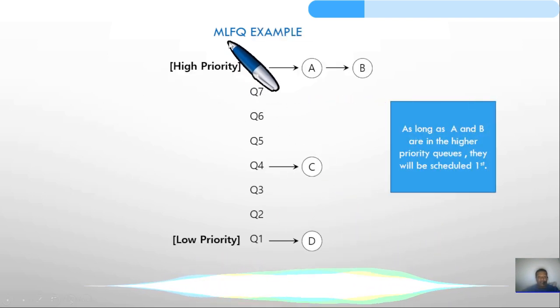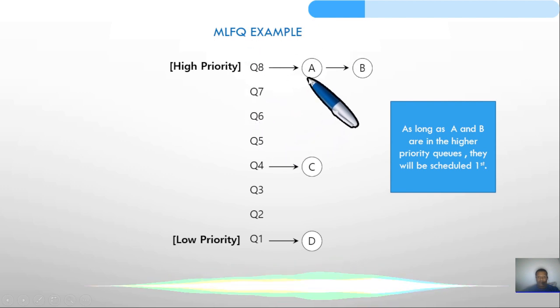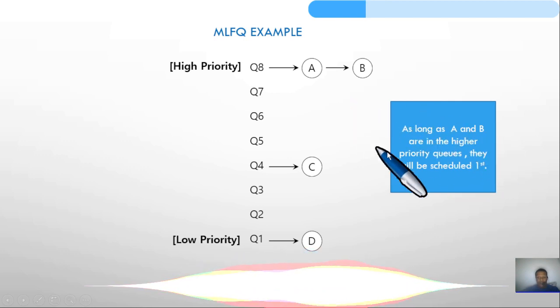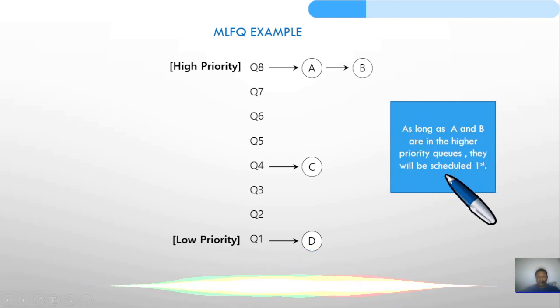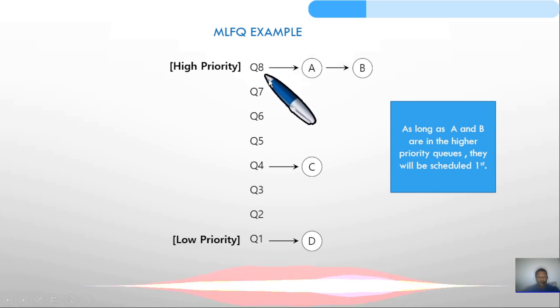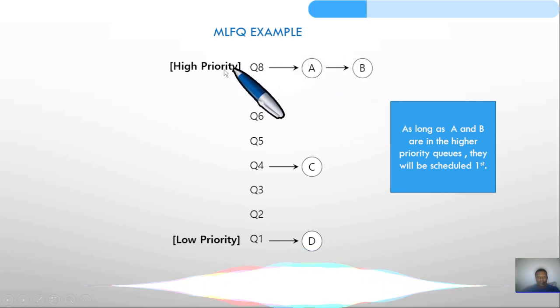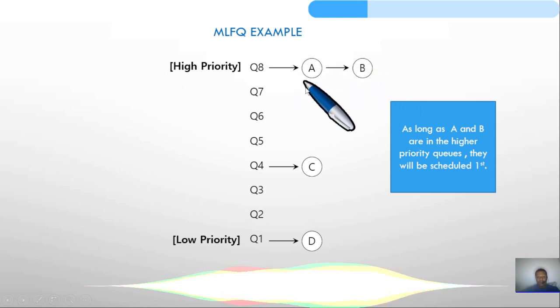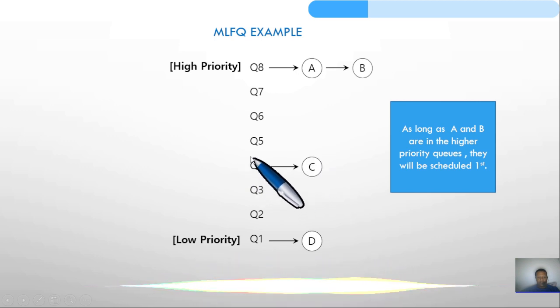So as you can see in this MLFQ example, we have four processes. As long as A and B are in the higher priority queues, they will be scheduled first. Once A and B are in the same queue, round robin will be applied to them. After they finish, then C will run.